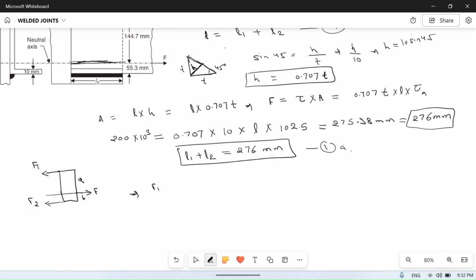So F1 into A minus F2 into B is equal to 0. So F1A is equal to F2 into B.